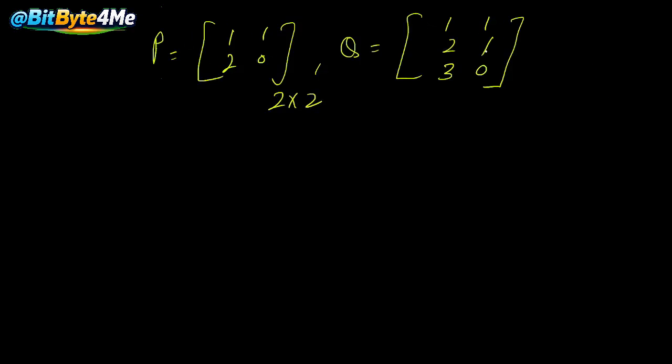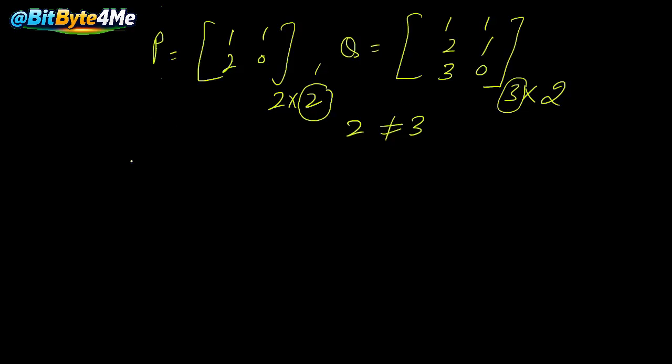Q is a 3 by 2 matrix, with 3 rows and 2 columns. It means the number of columns of the first and the number of rows of the second do not match. 2 is not equal to 3. So these two matrices cannot be multiplied. The columns of the first must be equal to the number of rows of the second.